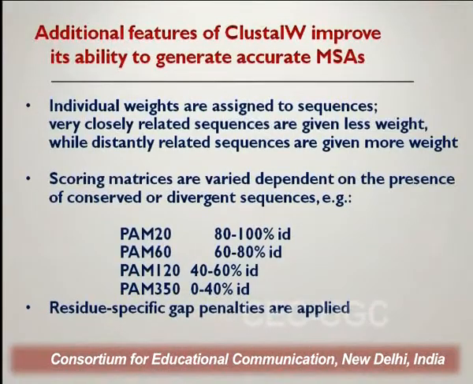So additional features with which Clustal W improves its ability to generate multiple sequence alignment is that individual weights are assigned to the sequences, and then the scoring matrices are varied depending upon the presence of conserved or divergent sequences. Like we might use PAM20, and I already explained to you in the previous lecture how these different types of matrices are different. And we also have residue specific gap penalties in Clustal W.